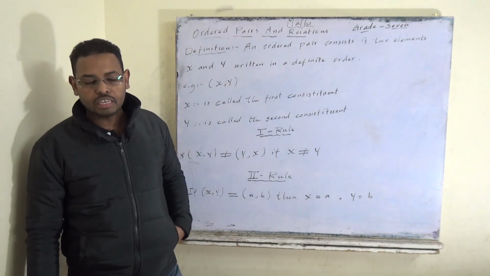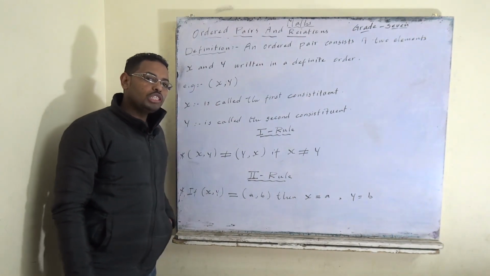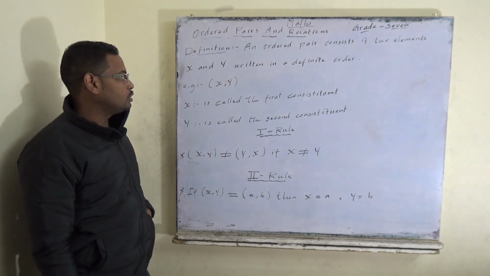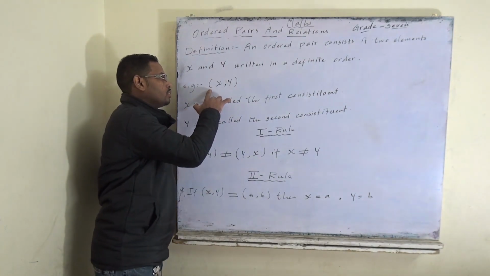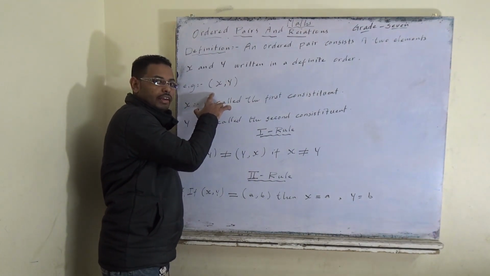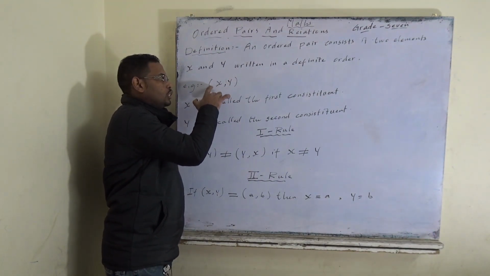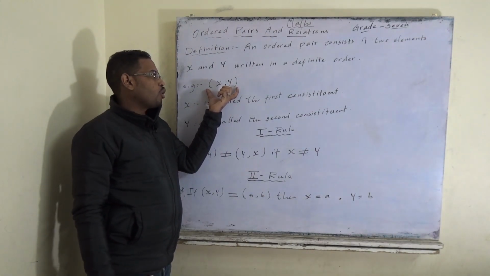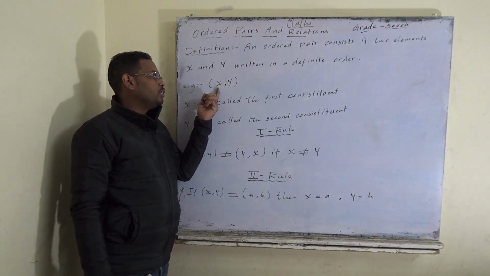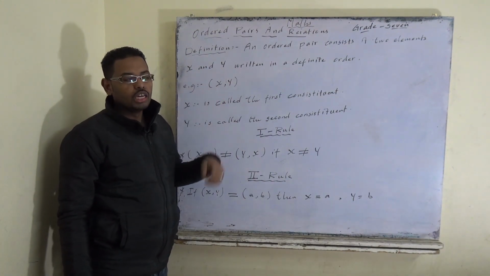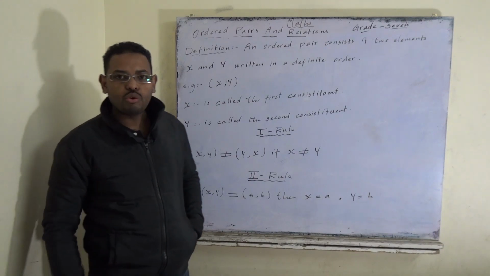Otherwise, it is not going to be an ordered pair. The shape of the ordered pair is this one, as the example is illustrated here. Here we have x and y separated with a comma.